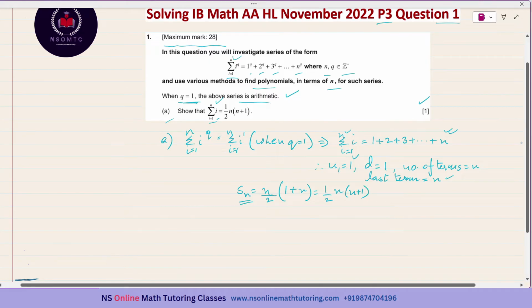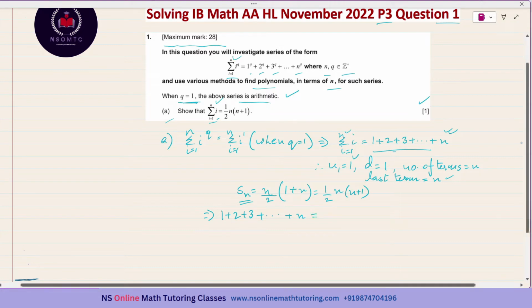Okay. And what is Sn? Sn is 1 plus 2 plus 3 plus dot dot dot plus n, the sum total of the first n terms.